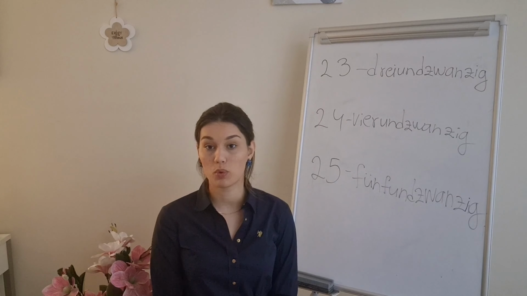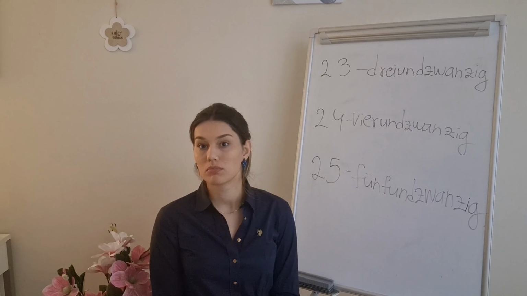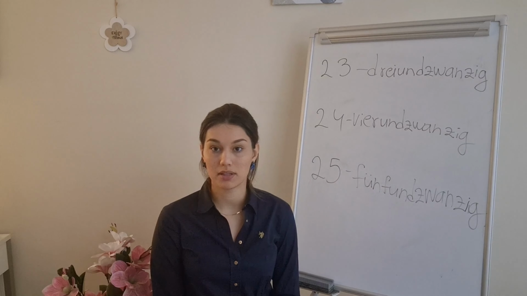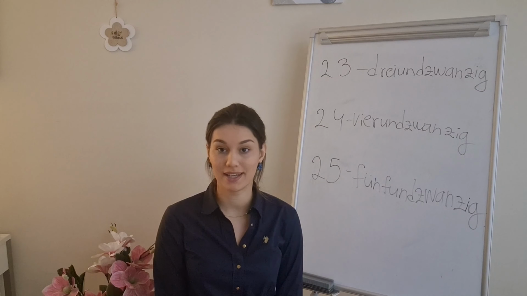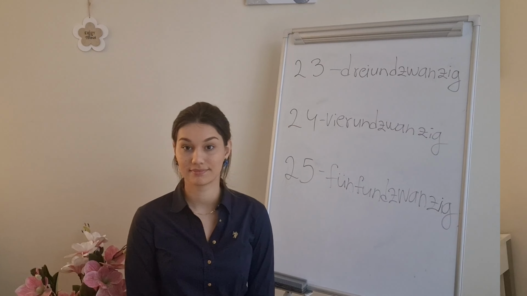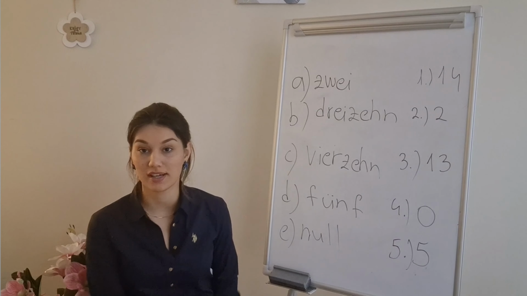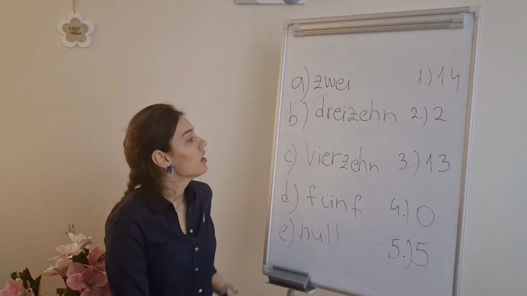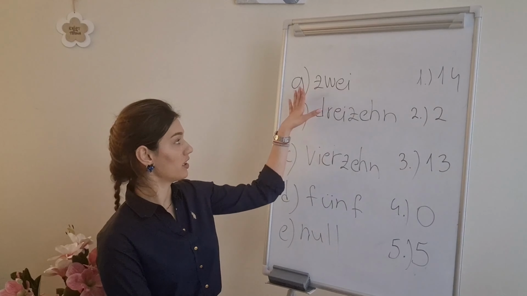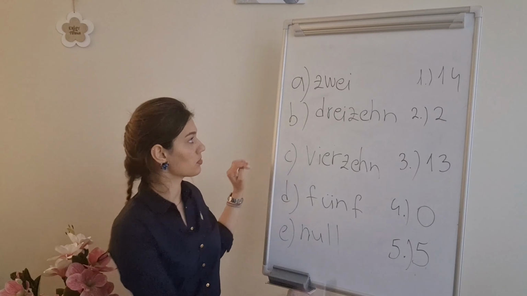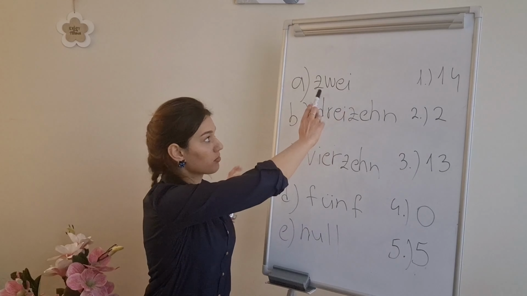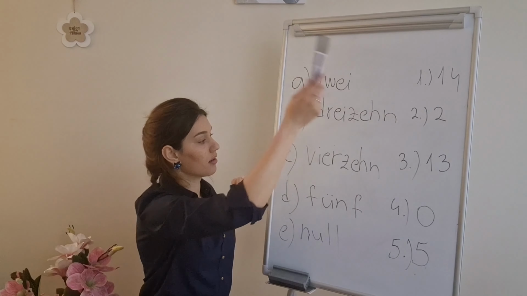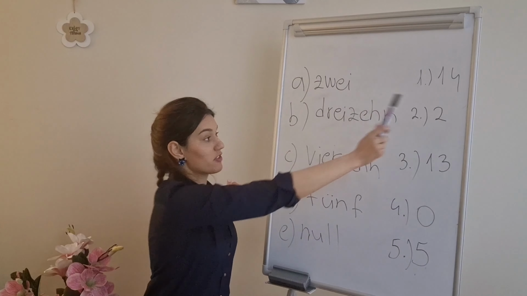And now we will do an exercise that's not so hard, I believe, but maybe it will be hard at the beginning. Now we will check and see if you have done this assignment correctly. So we need to say, for example, this word is here, or this word is written here.